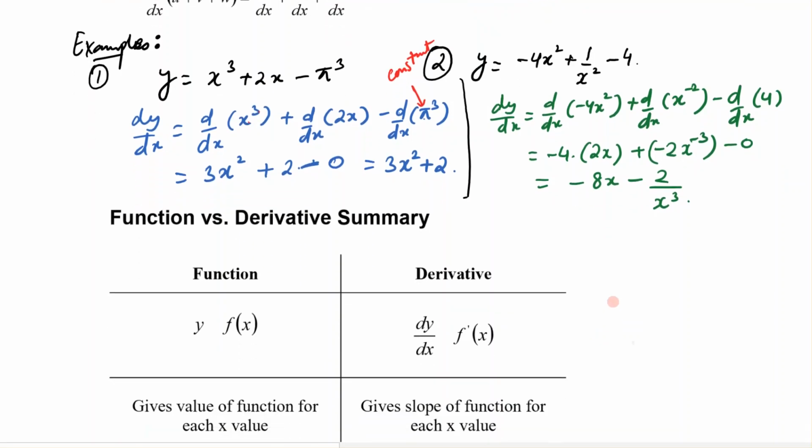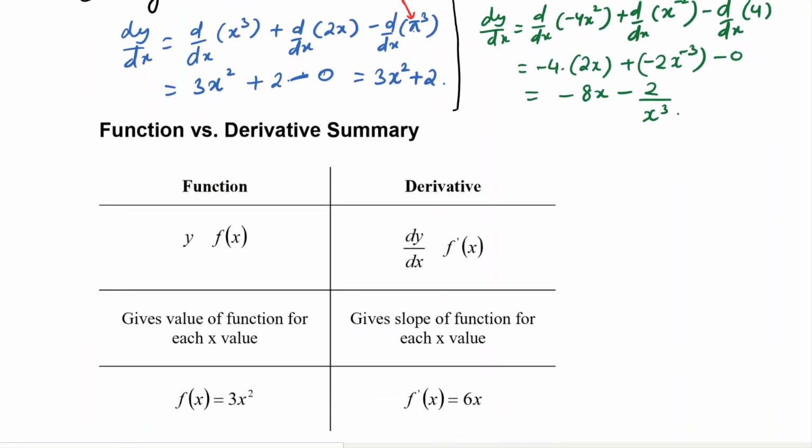Just a little bit of overview of what we know about the function and derivative so far. For a function, we write the original function as y or f of x. The derivative notation is dy over dx or f prime of x. The function gives us the value of the function for each x value.